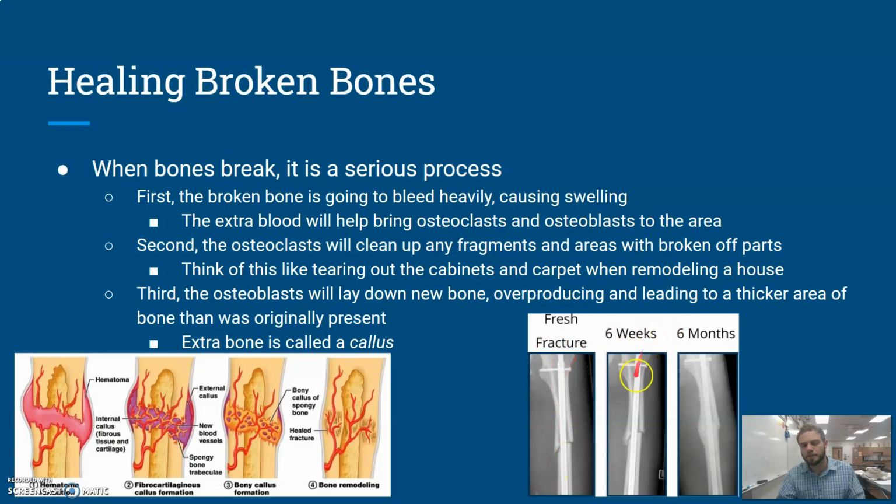Yeah, I'm guessing a femur. But then as that bone was fixed, you can see everything was smoothed down. Eventually those osteoblasts come in and lay down a whole bunch of new bone. This is a very large callus for this bone, but obviously if you're breaking your femur, like I think this is here, that is a very big weight-bearing bone, something that you need a lot of extra protection to.